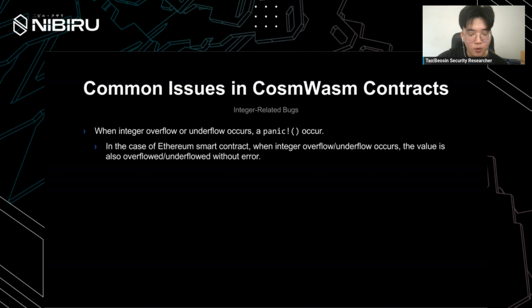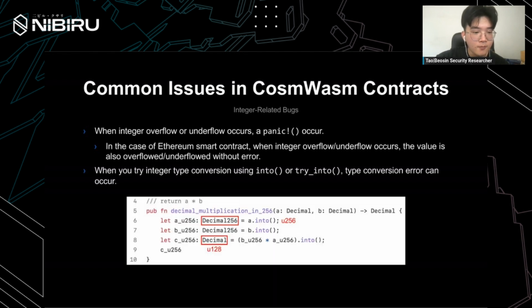But in a Solidity smart contract, when you compile and run, your program will stop when there is an integer overflow or underflow, and there may be a panic function to remind you to check where the overflow and underflow occurred.